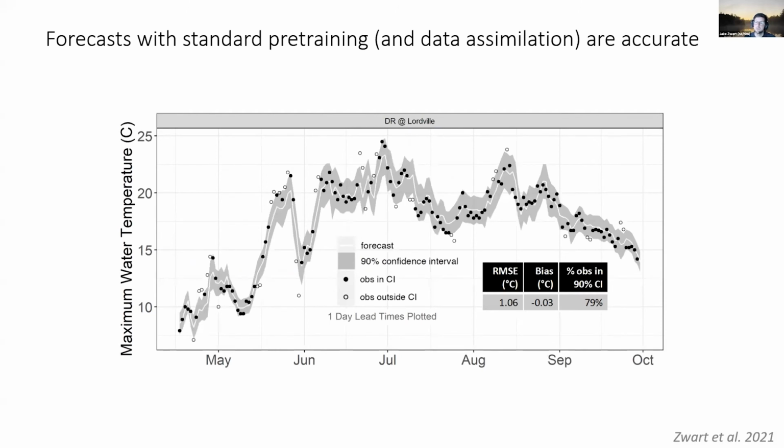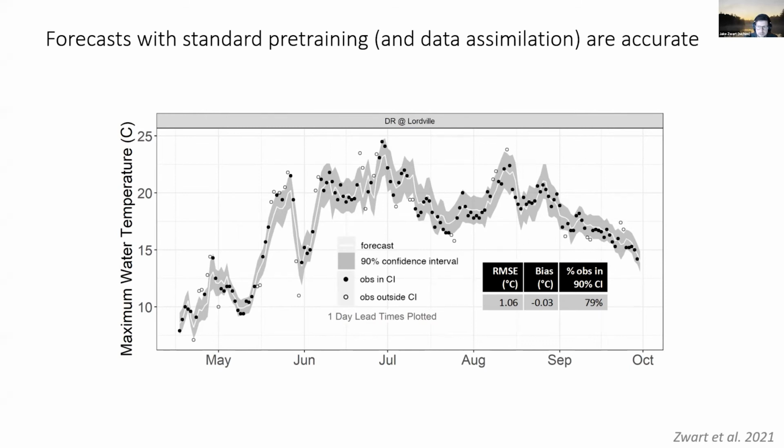So, if we zoom out to the entire forecast season, this is from last year, the 2021 season, we can see that our deep learning model does a decent job of capturing temperature dynamics. And this is at a 1-day lead time, so predictions for tomorrow across the entire season. The 90% confidence intervals are the gray band across this entire plot. And the white line in the middle of that 90% CI is the mean of all the ensemble predictions that we're making.